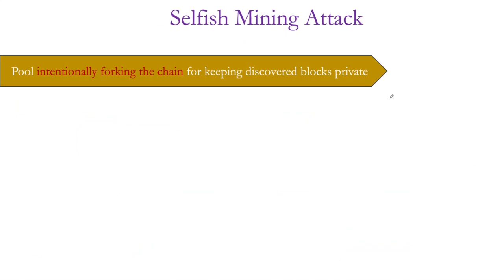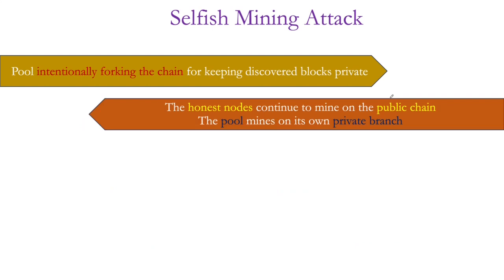In this case, the pool is intentionally forking the chain, keeping the discovered blocks private, and then they try to build a blockchain that is one or more blocks longer than the actual blockchain of honest node blocks.